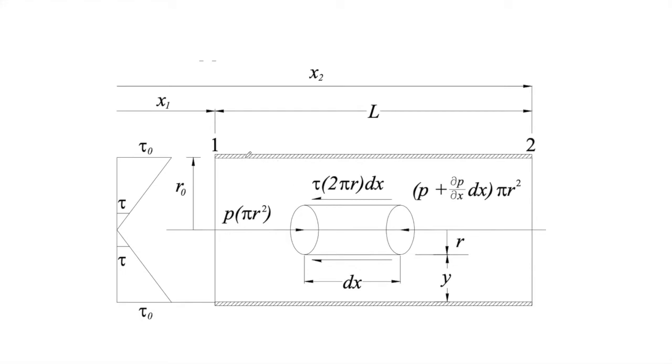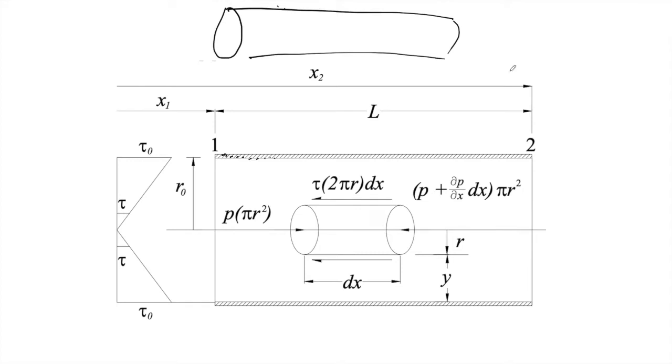So this hatch represents the pipe's thickness. For example, I have a pipe, and then I cut through it, and it will show like this. We take a small particle here that represents the fluid.